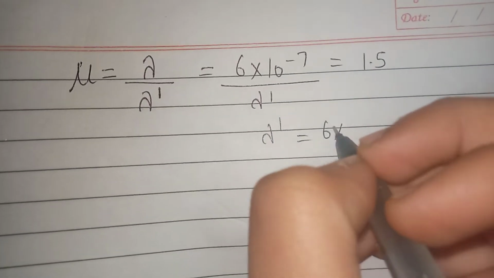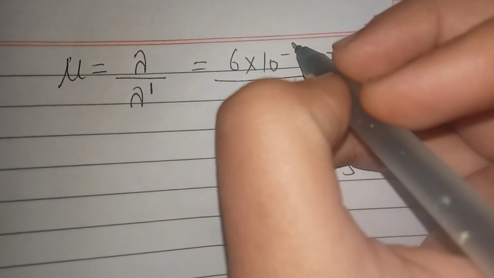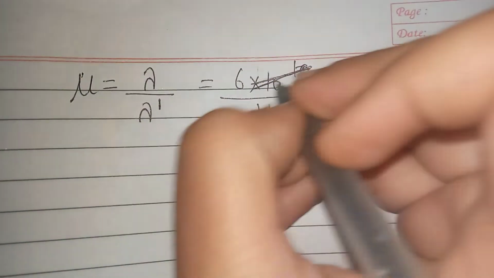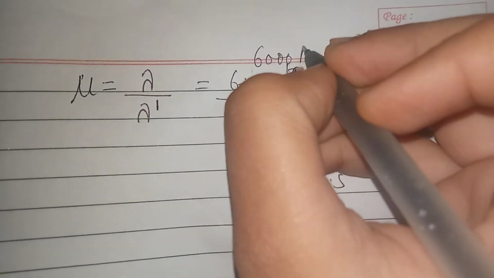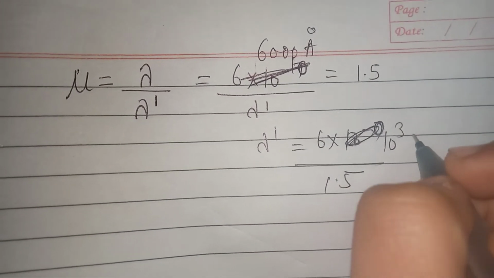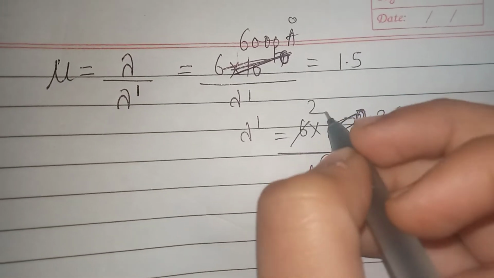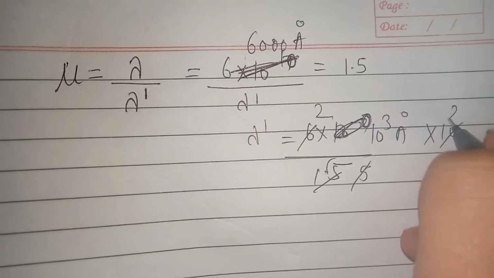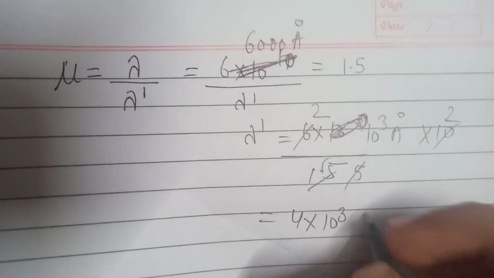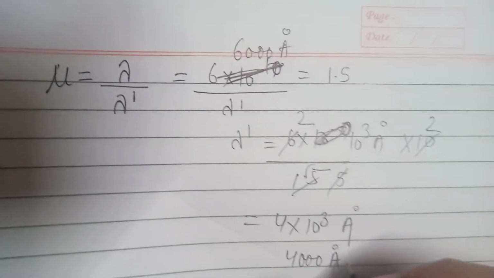Lambda dash will be equal to 6000 angstrom divided by 1.5, because wavelength can be in angstrom. That is 6 into 10 raised to power 3 angstroms divided by 1.5, so the answer comes to 4 into 10 raised to power 3 angstrom, or 4000 angstroms.